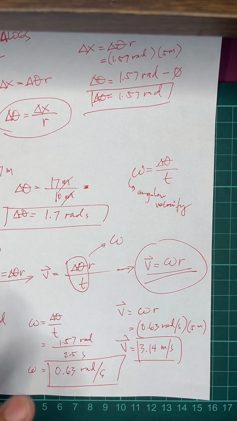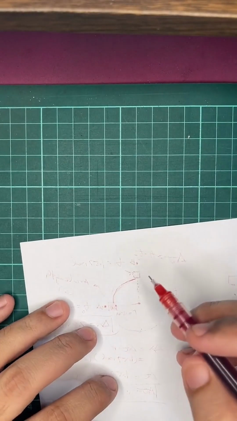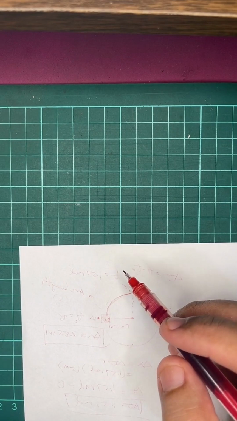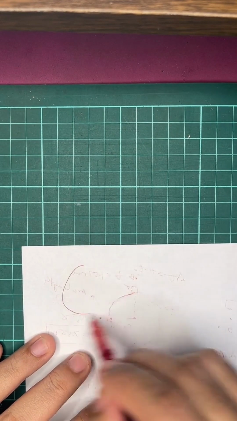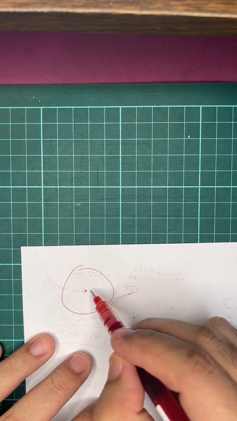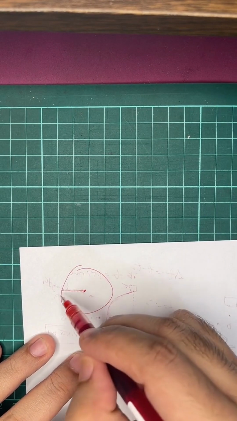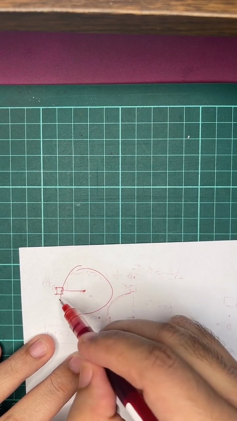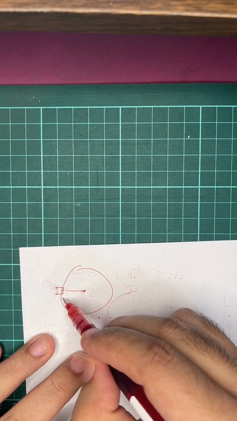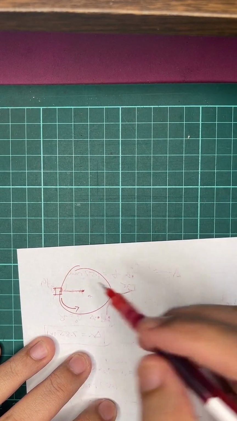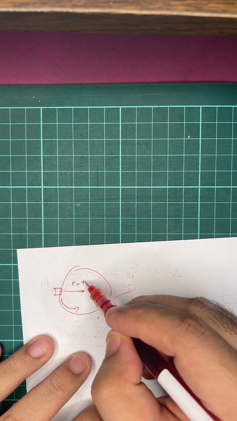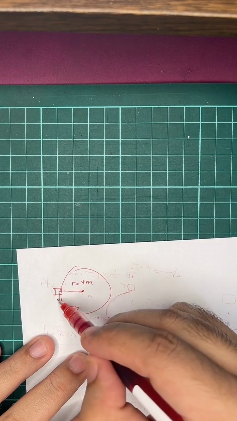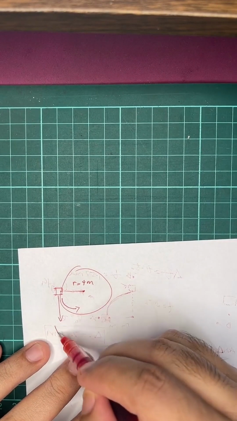So what would happen, let's say, if you're given a linear velocity, let's say tangential velocity. The object is moving in this direction, radius of 4 meters, tangential velocity, v sub t.